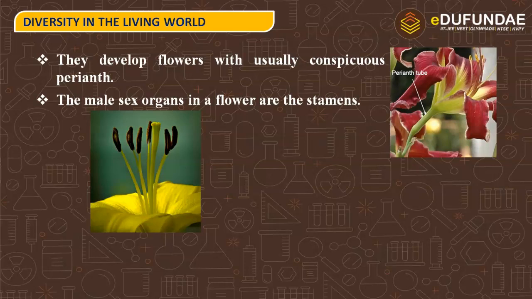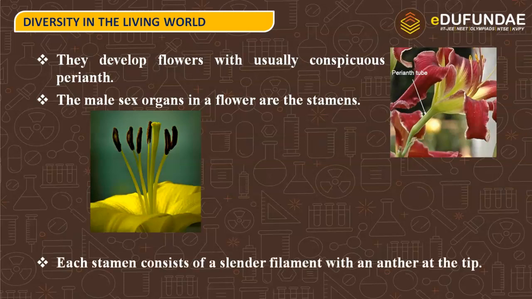So here is the structure of a stamen, comprising the anther and the filament. Each stamen consists of a slender filament with an anther at the tip. The brown colored structure you see here is the anther, and the slender tube-like structure that is moving down is the filament.